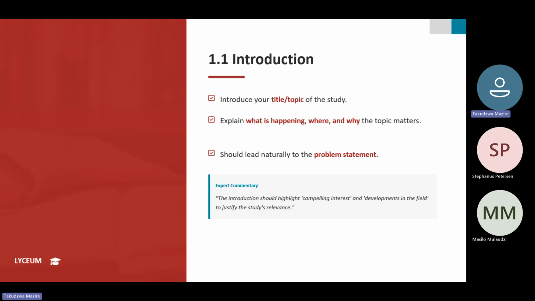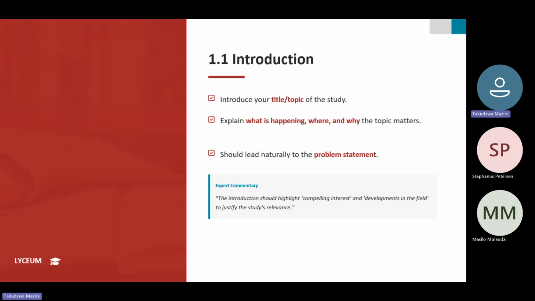Furthermore, why it is relevant at this very time and moment, or at this juncture. This section should naturally lead your reader to the problem statement. Now, as experts suggest, it is about highlighting a compelling, interesting, and current development in your field.